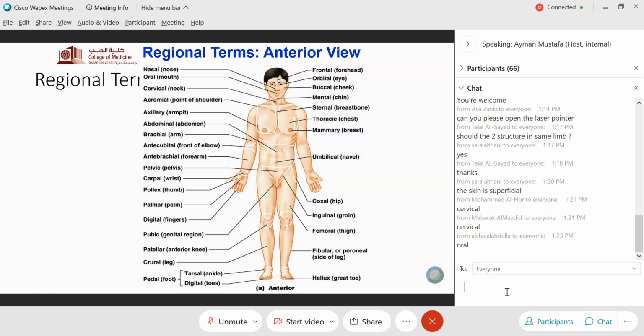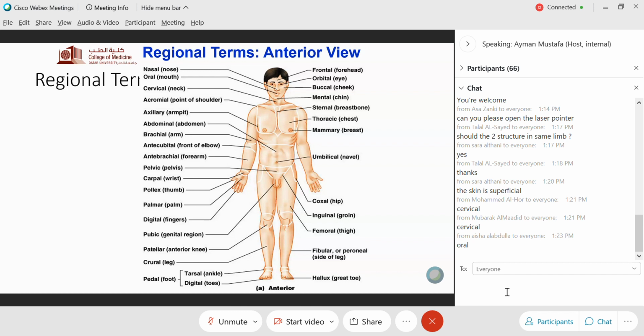So if I want to refer to the cavity of the mouth, I would say oral cavity, not mouth cavity. Same thing with the neck. I'm going to use the word cervical: cervical vertebra, cervical cutaneous nerves. So knowing these terms in this introduction, as you go through anatomy and learn the names of the arteries, nerves, veins, and muscles, the names will make sense to you.